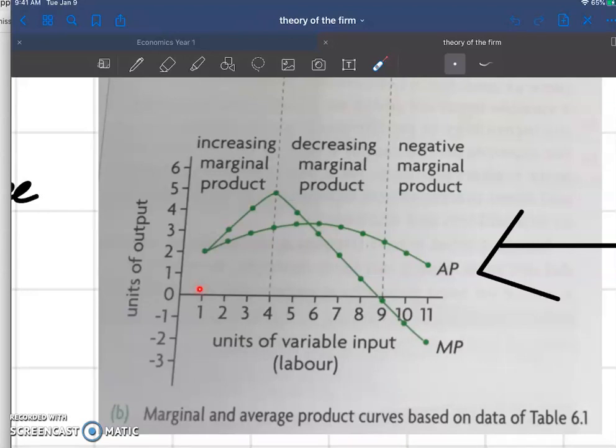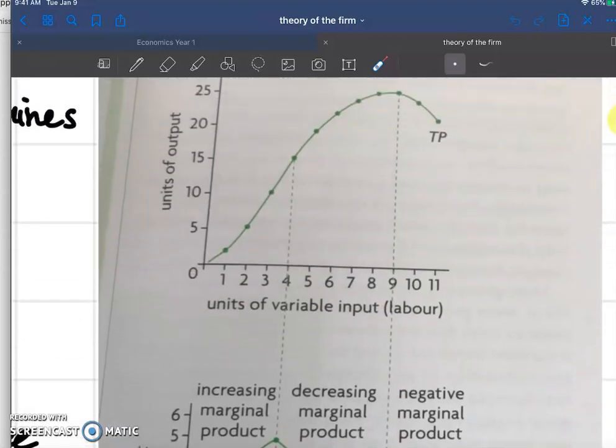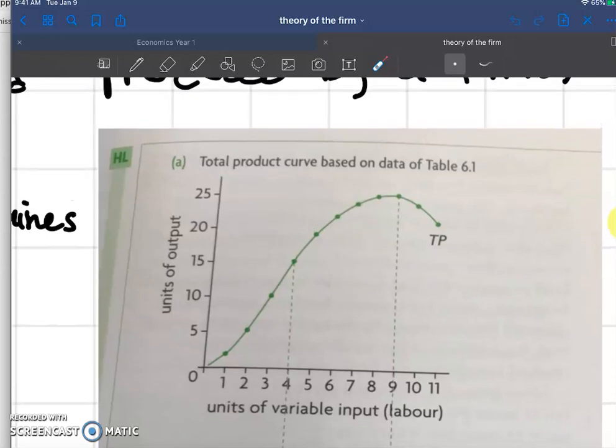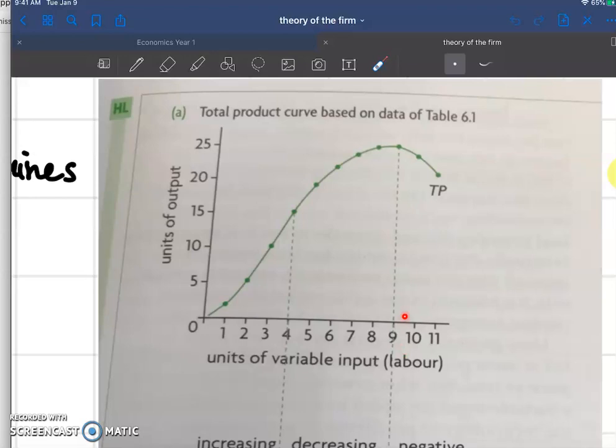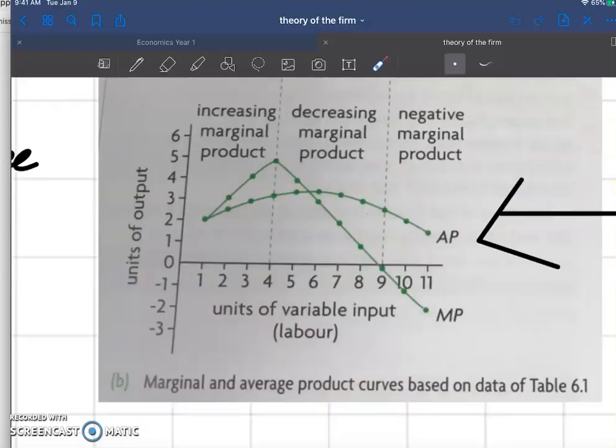Going from one worker up to two workers actually has an increasing marginal product. We see that represented by this dashed line where the separation exists. Followed by our fourth worker, from our fourth to fifth worker, we start to see a falling marginal product. Now, it's important to note that if we look at the total product curve above, we still have increasing output at this point, but it's increasing at a decreasing rate.